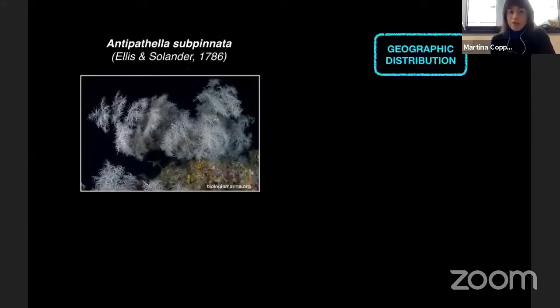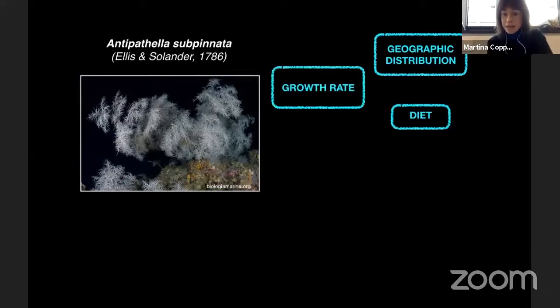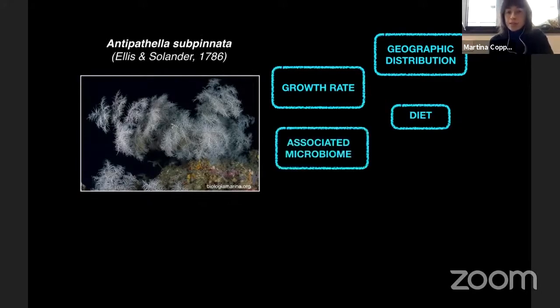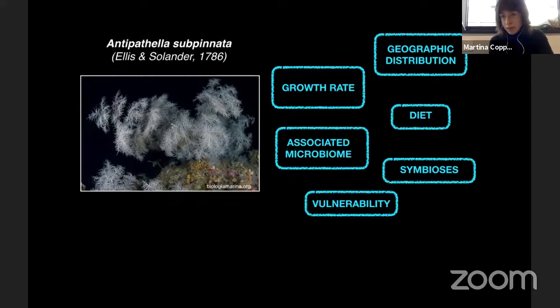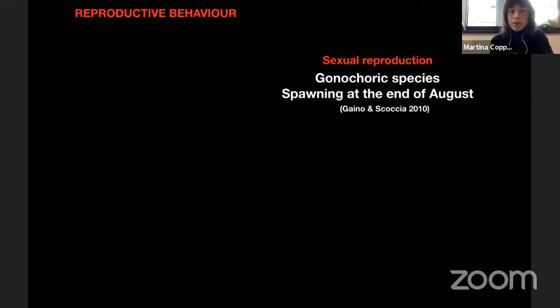Many aspects of the ecology of this species are already known, such as the geographical distribution, the growth rate, the diet, the associated microbiome, the symbiosis, and also the degree of vulnerability. But there are some other aspects related to the reproductive behavior that still need to be further explored.